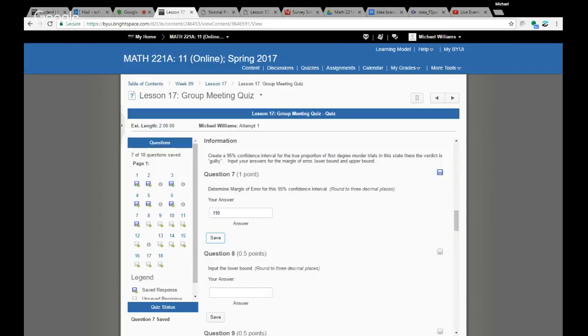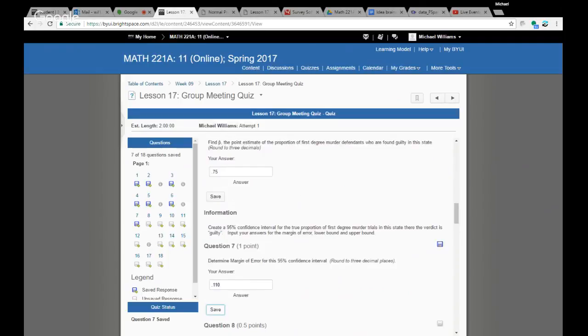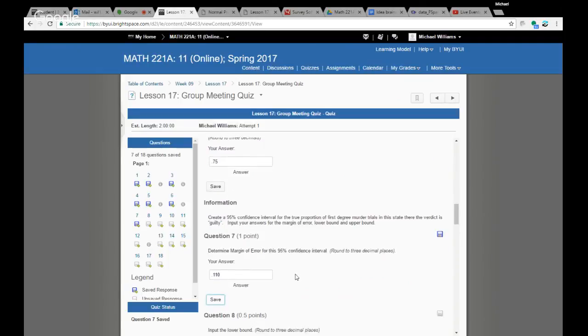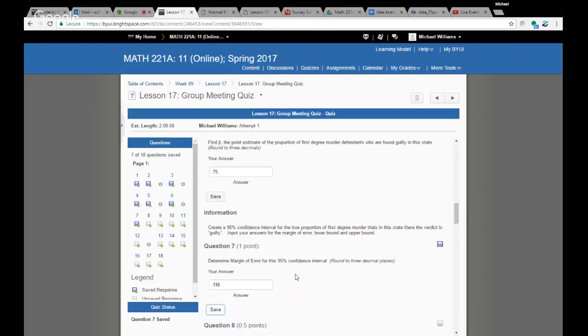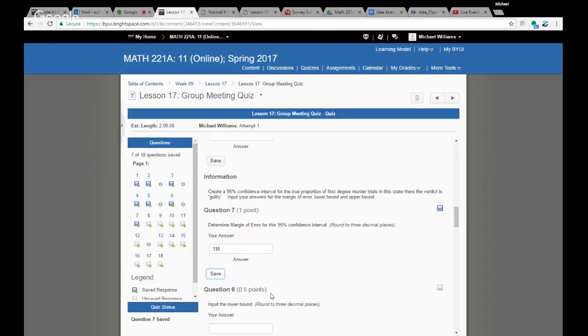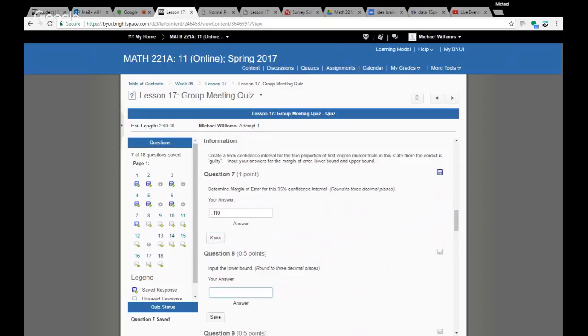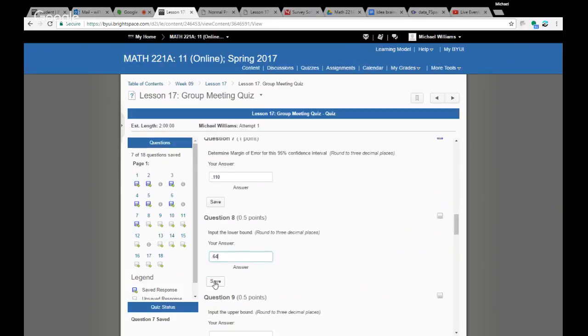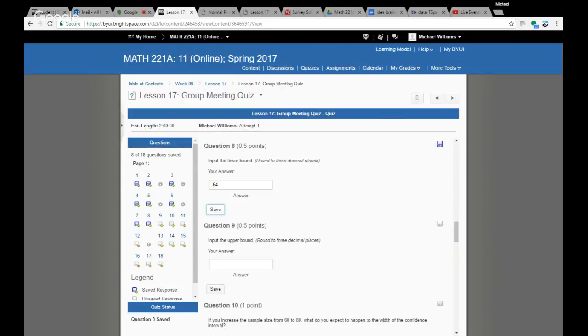Okay, so then the lower and upper bounds are just subtracting and adding that to 0.75, right? Yep. So take 0.75 and subtract 0.110, so 0.64, and the other one would be 0.86.